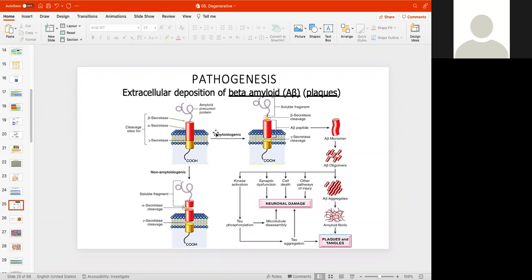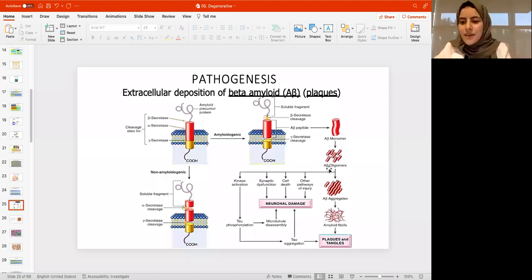But in the case of Alzheimer's disease, there will be beta secretase enzyme and gamma secretase enzyme, and it will cleave in another place. So that will make this precursor protein accumulate in a certain area.